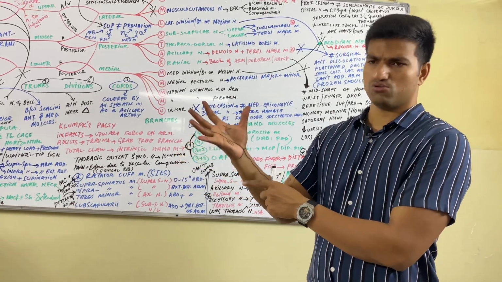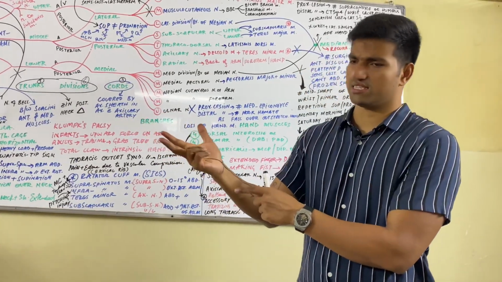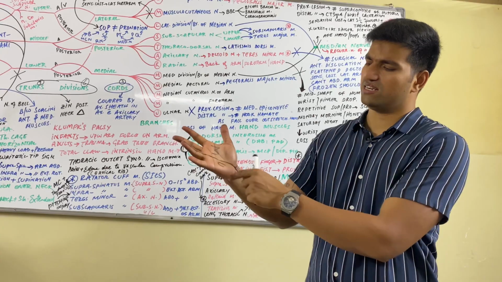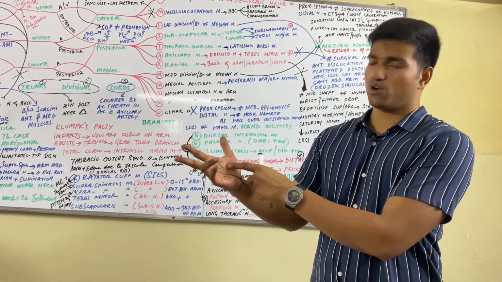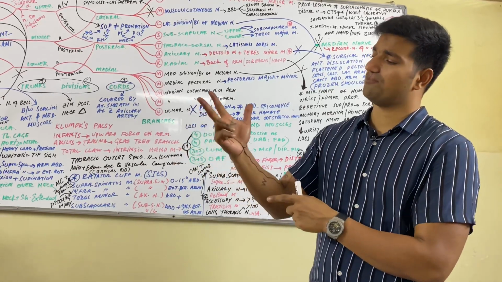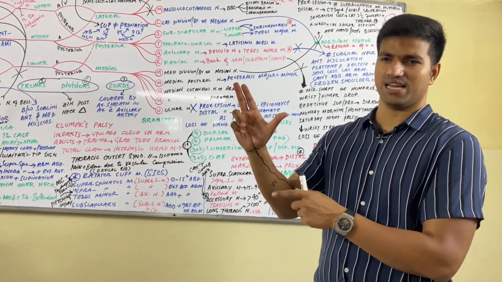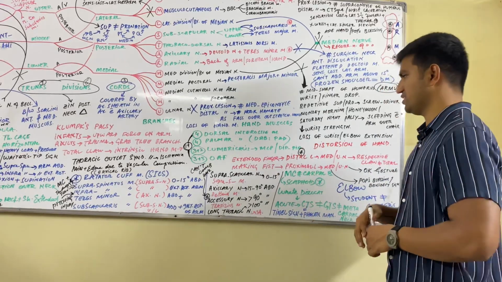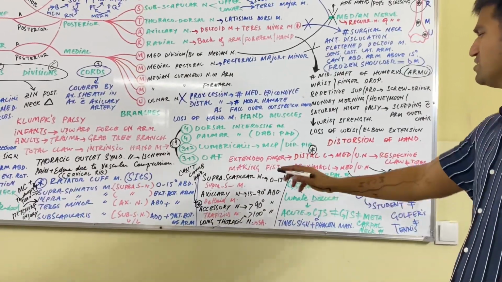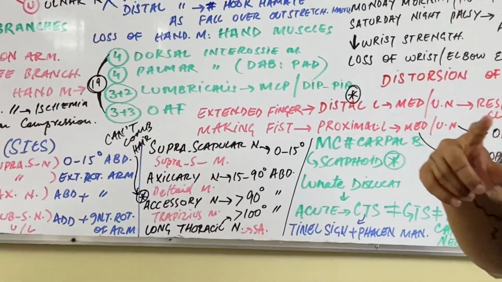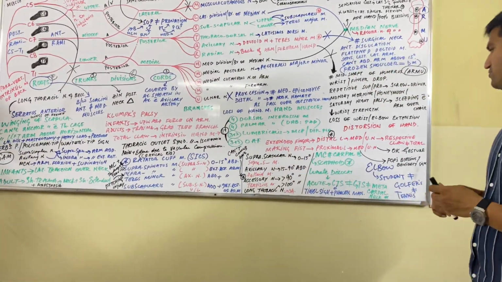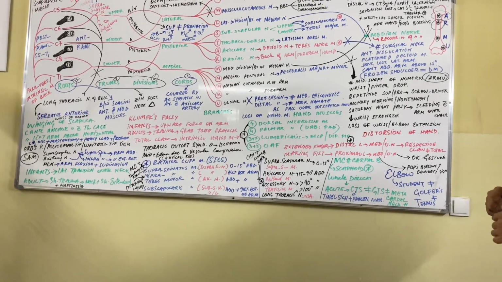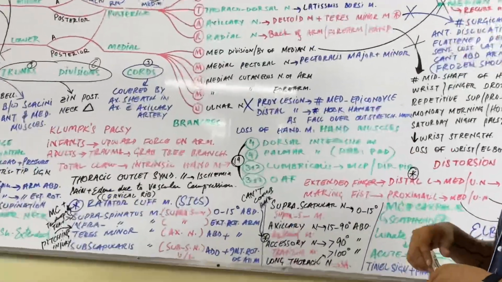And if you tell the patient to make a fist and he does like this, it means the ulnar nerve is working well, but the median nerve is not. It is called a proximal lesion of the median nerve, and it is called Pope's blessing or Benedict sign or ape hand. So that was about distortion of the hand with respect to distal and proximal lesions of the median and ulnar nerves. Now we will discuss hand muscles.